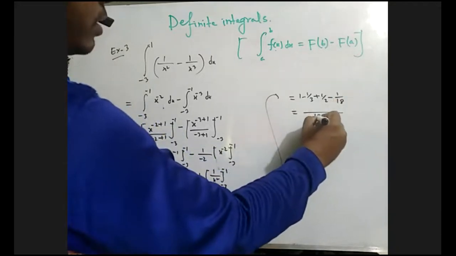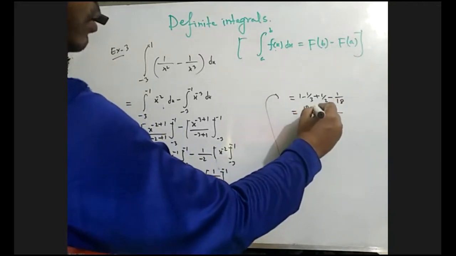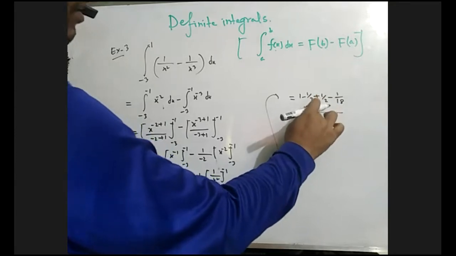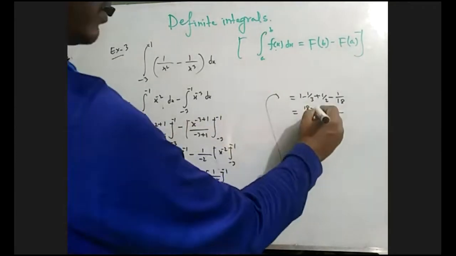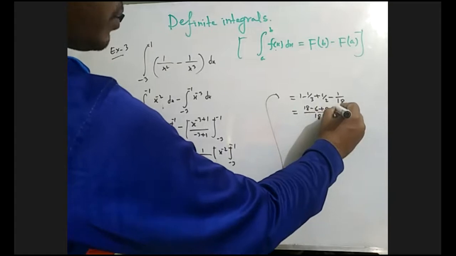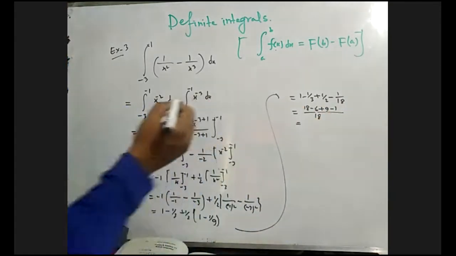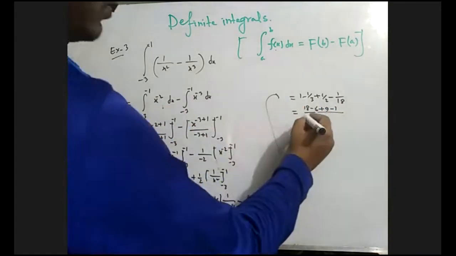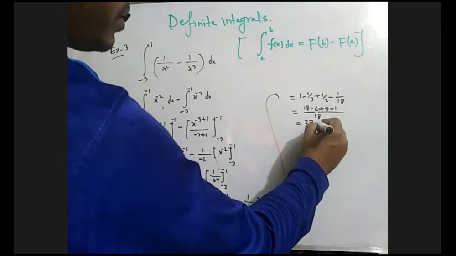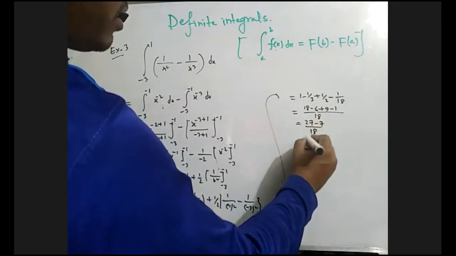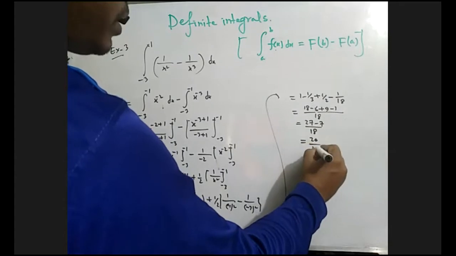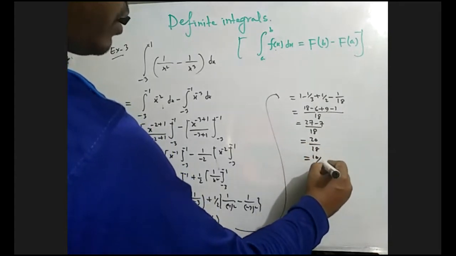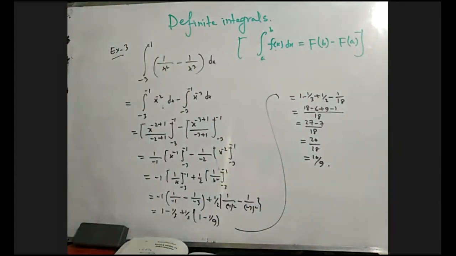So 18 will be the LCM. 18 minus 6 plus 9 minus 1, 20 divided by 18. That means 10 by 9 is the final result of this definite integral. Very easy.